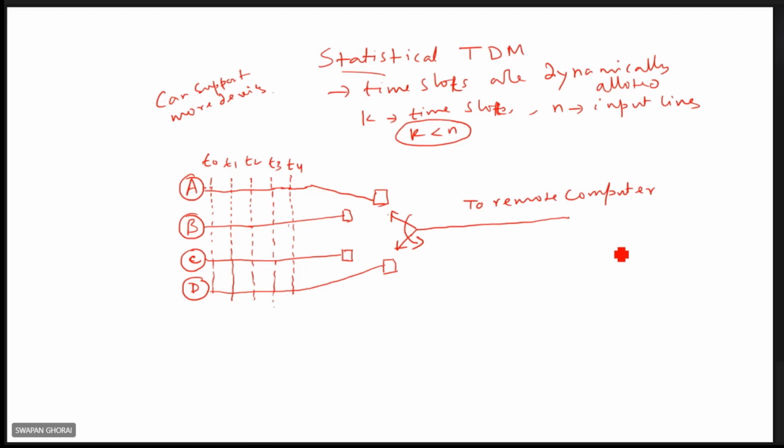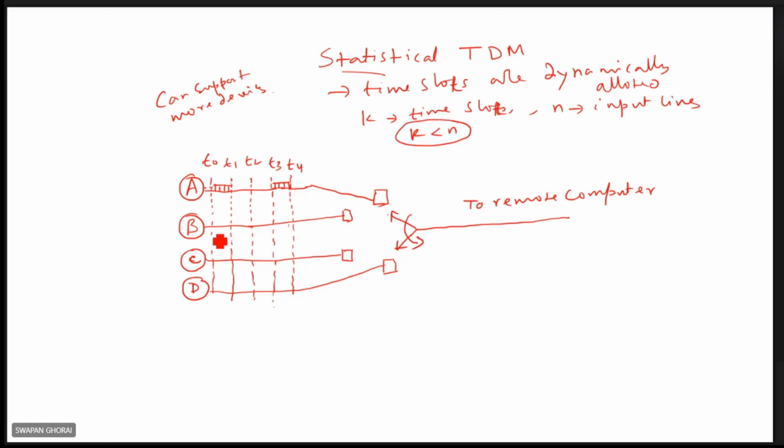So here you see, in this period T1 minus T0, which is the first time epoch, A has data to send, and next time it has no data. Next again, in this period T4 minus T3, it has data to send.